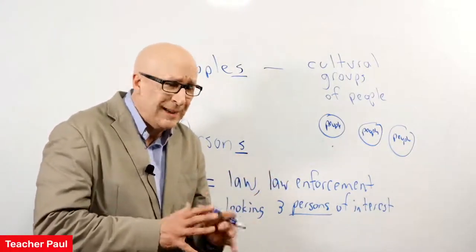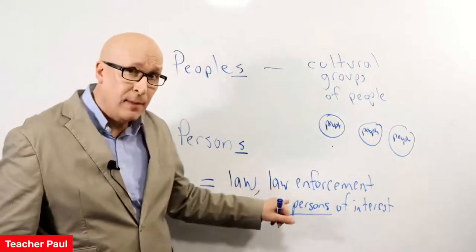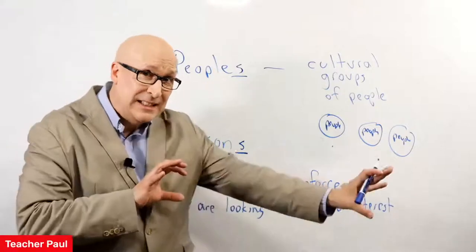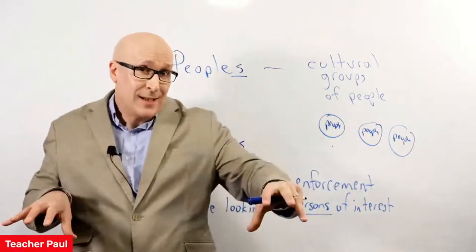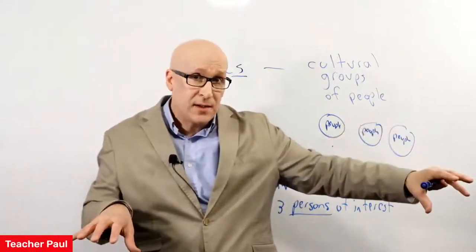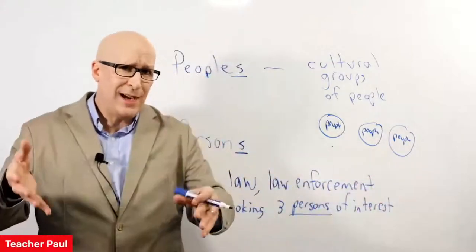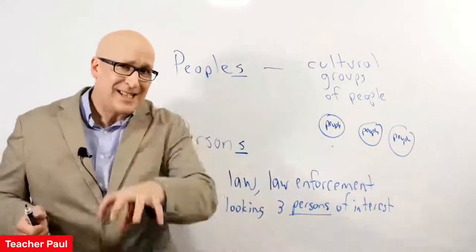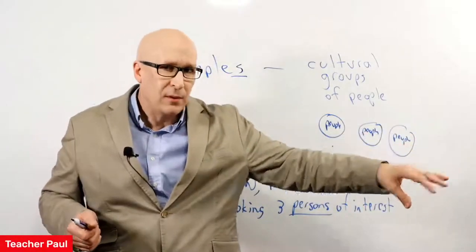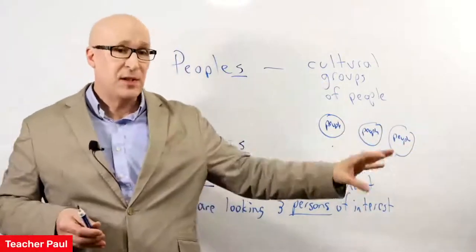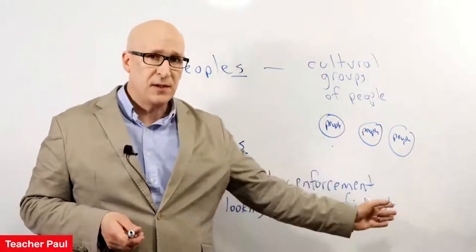They're not all similar. Each one is maybe guilty of a different crime. So they are very distinct, right? One might be the criminal, one might be a witness, one might be another witness. They don't know each other, but the police are looking for them. So the police want to tell you that they're looking for 3 distinct persons, not a group of 3 people that did a crime together. We're talking about 3 different specific people. And they want to make sure that you know that these are distinct persons.